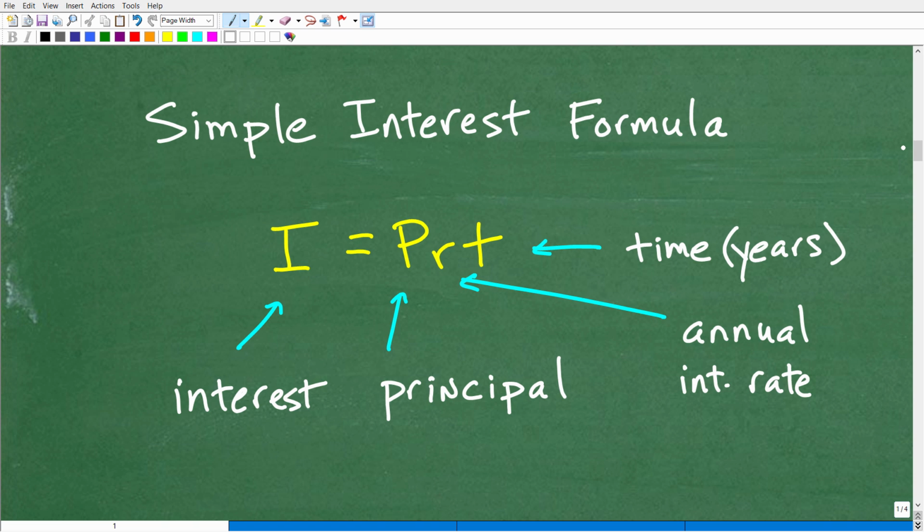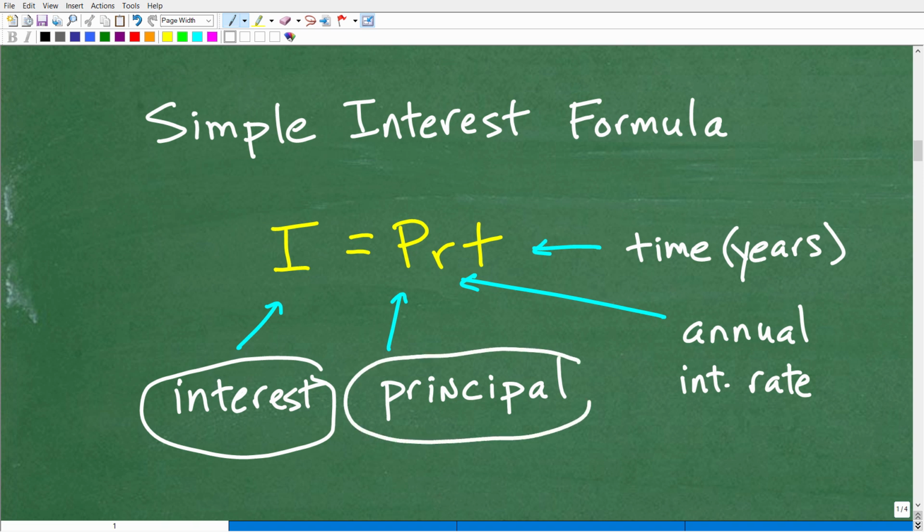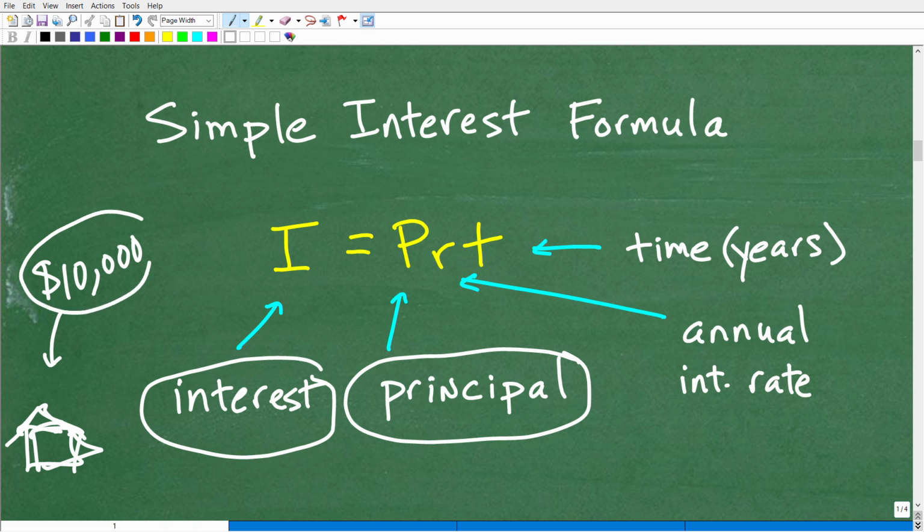Of course, this is not to be confused with compound interest, which is a different topic. But here it is. The interest is equal to PRT. Interest is how much you make on a particular investment. Now, P is your principal amount. It's your starting amount. Let's simplify this. If you're going to put $10,000 into a bank, your starting amount, and this bank had some sort of savings account, this starting amount that you have is your own money.